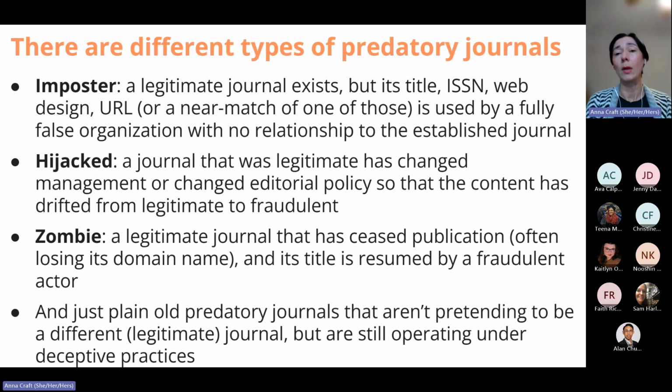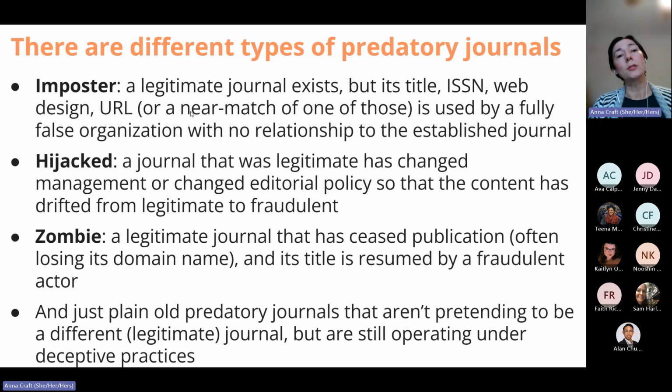Perhaps it's using the same international standard serial number, the ISSN, the web design, or the URL, or maybe a near match of one of those. Maybe the URL is one or two letters off and it's an easy typo, and they've constructed their site to look like that other site. So they're trying to trick people into thinking they are the real journal. So you've got journals that are masquerading as others.